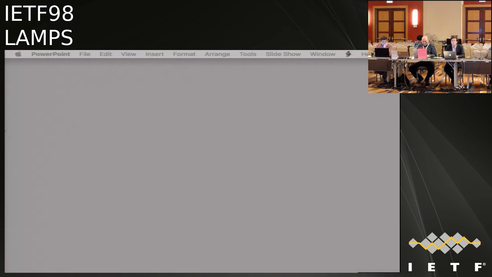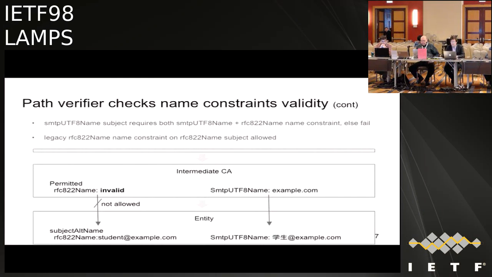Right, okay, so the notion there was you can specify a name constraint on the SMTP UTF-8 name and a subject, but since you have to specify RFC 822 name, you can also specify something that says there shouldn't be something there, which is, you can use an invalid TLD to represent the fact that you don't want that.